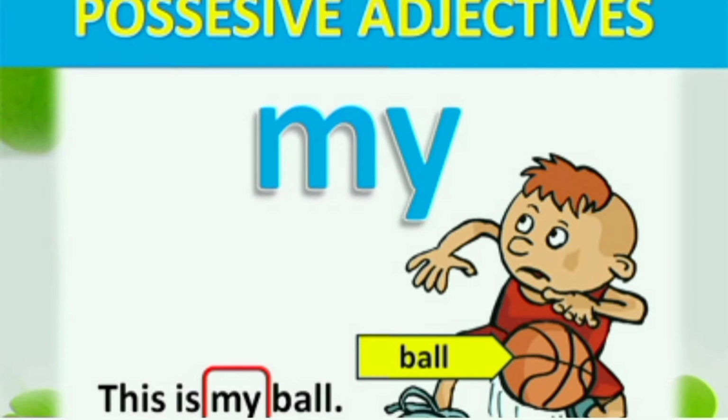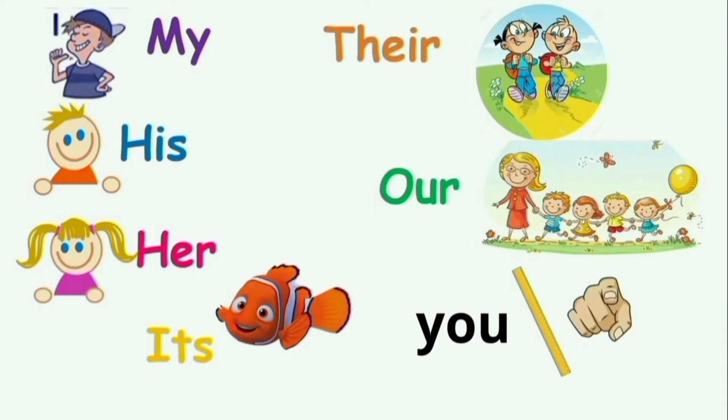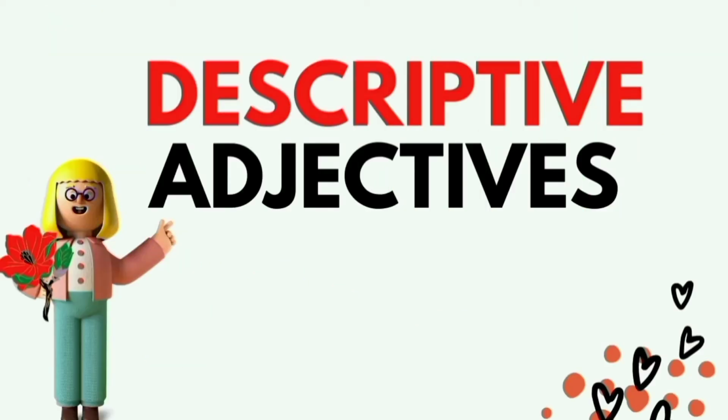So they indicate possession and they usually act as pre-modifiers. So remember, possessive adjectives indicate possession or ownership. They show that someone or something owns something.